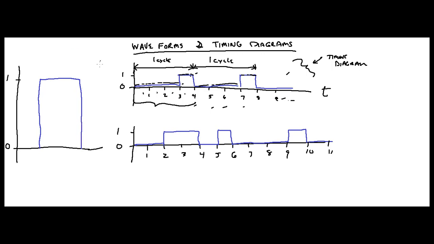So for a positive going pulse, this is the falling edge. And this is the rising edge. All right? So on a negative going pulse, it's the opposite, but let's stick with the positive going pulse here. All right? So it rises and then it falls.